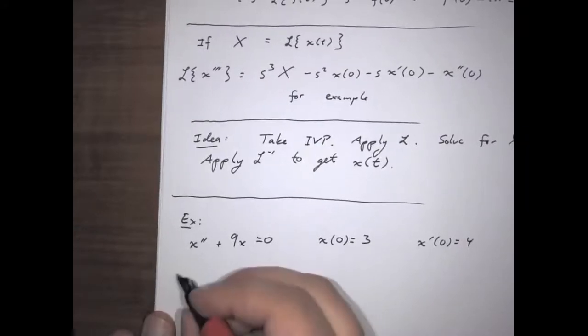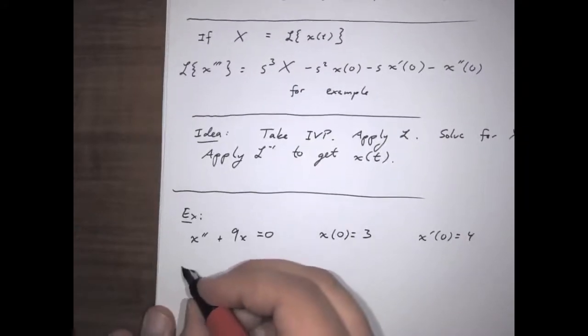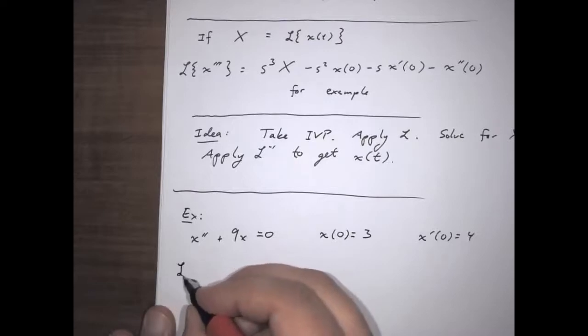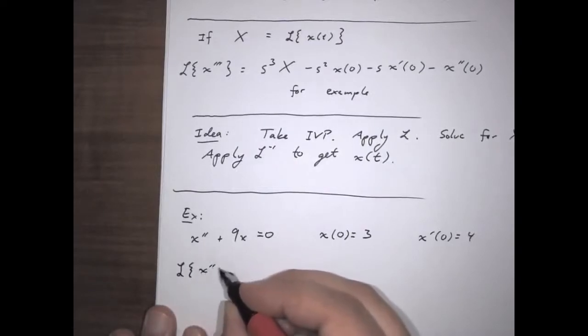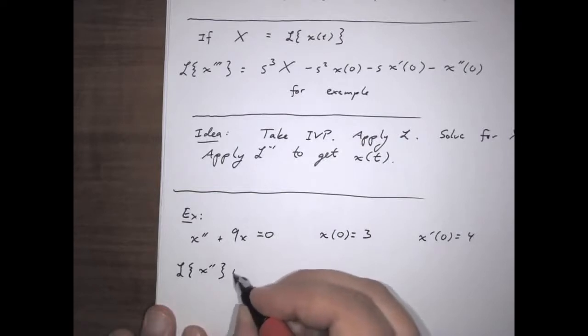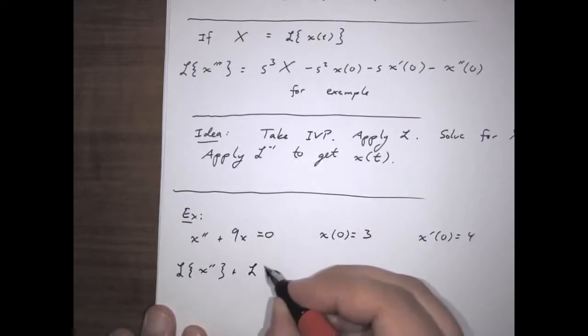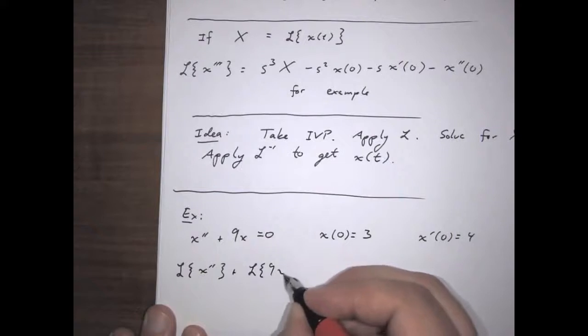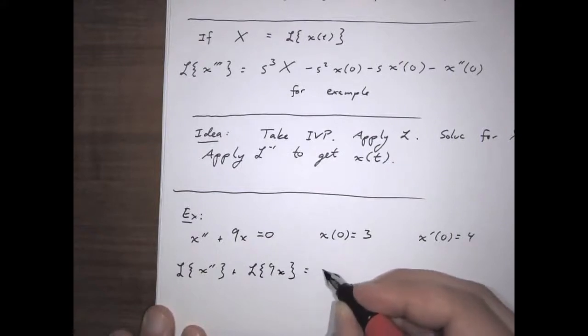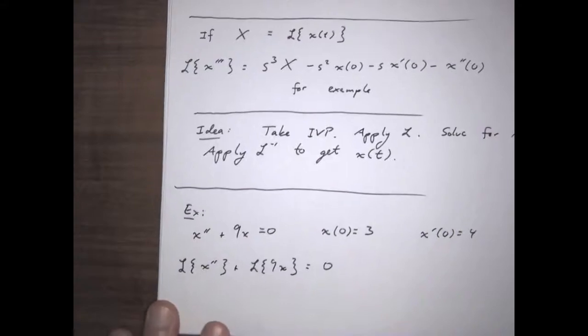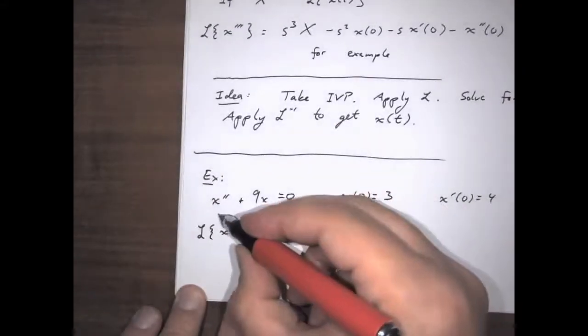Alright, well, we've got to take the Laplace transform of both sides. So it's going to be the Laplace transform of x double prime plus the Laplace transform of 9x is equal to the Laplace transform of 0, which is just going to be 0.